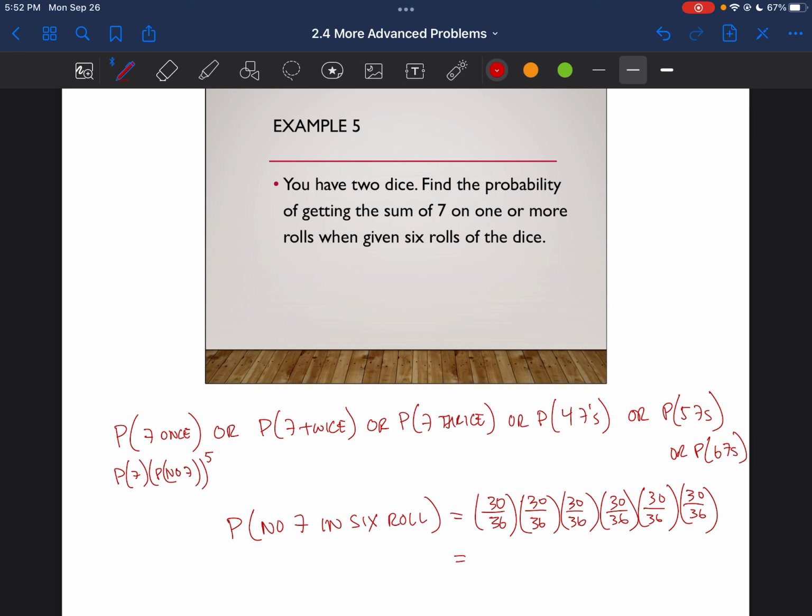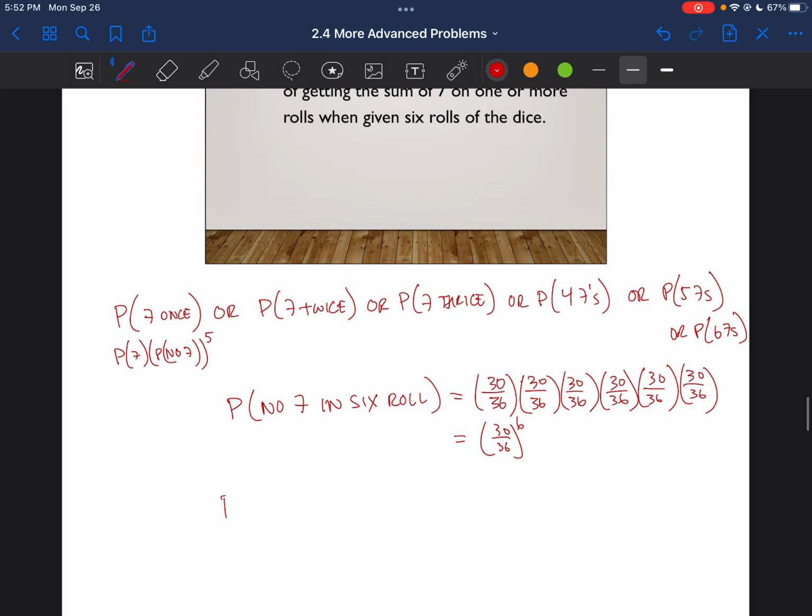So this is 30 over 36 raised to the 6th power. That's the probability that I never roll a 7. Now the probability that I get at least 1 7, let me write that out so that it's clear.